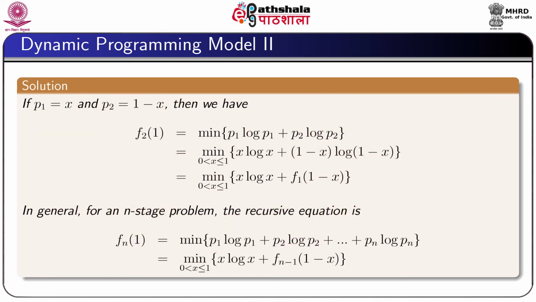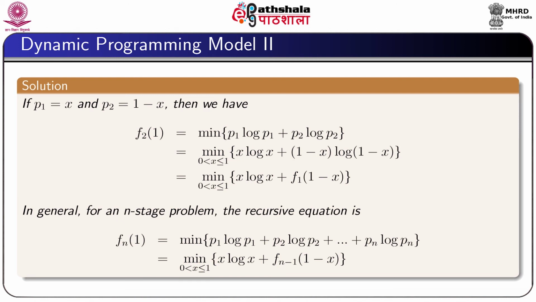If we put the values of p1 and p2, this is the minimum of x log x plus (1 minus x) log (1 minus x), where 0 less than x less than or equal to 1. And this can be written as the minimum of x log x plus f1(1 minus x), as f1(x) equals (1 minus x) log (1 minus x).